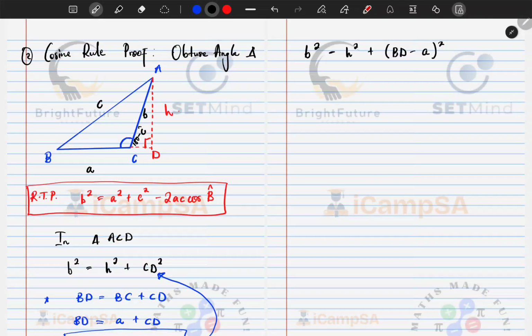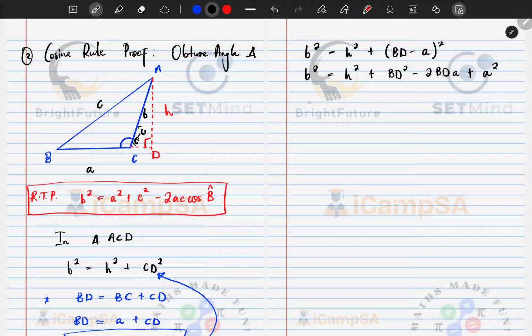So now I have a binomial square and I can simplify. This is going to be b squared is equal to h squared, and now it's going to be BD squared minus 2BDa, plus a squared.